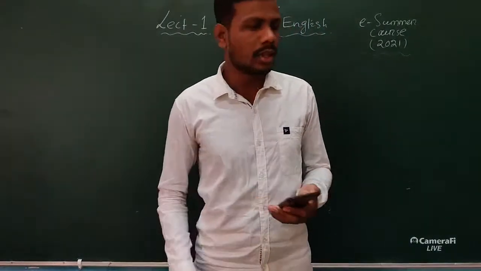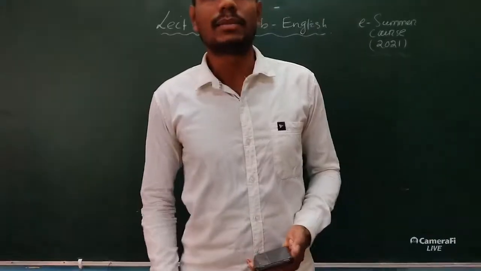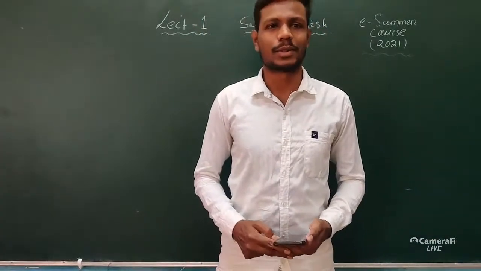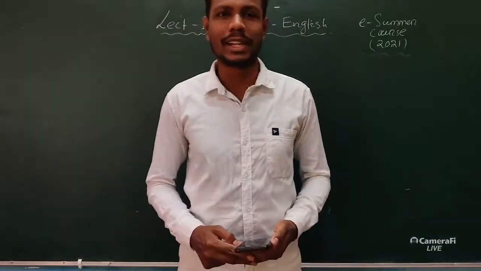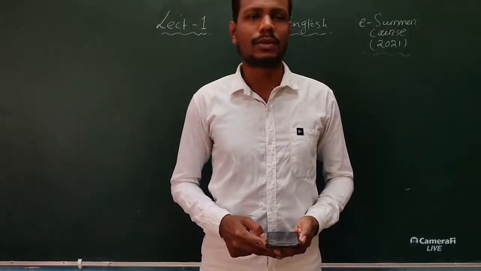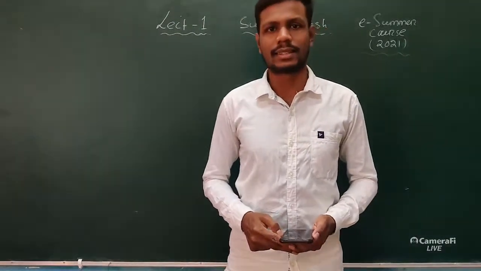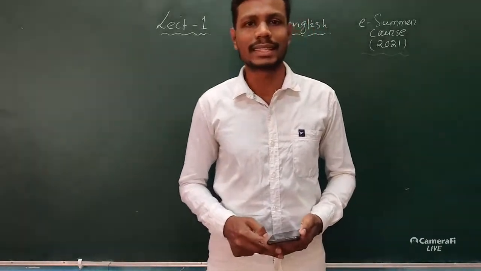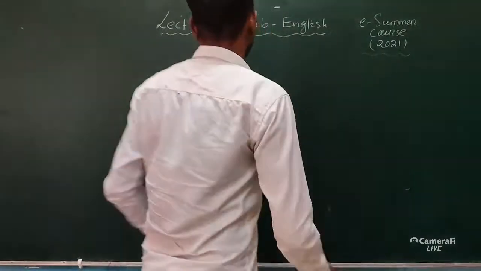Okay. So first, let me introduce English. But all of you are very much familiar with that. But for learning one language, we need 4 major skills, or we call them 4 basic skills or core skills.